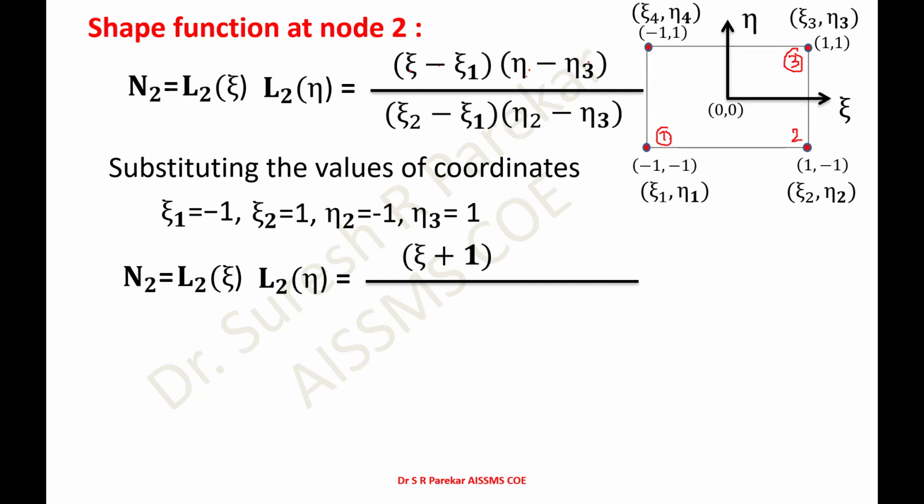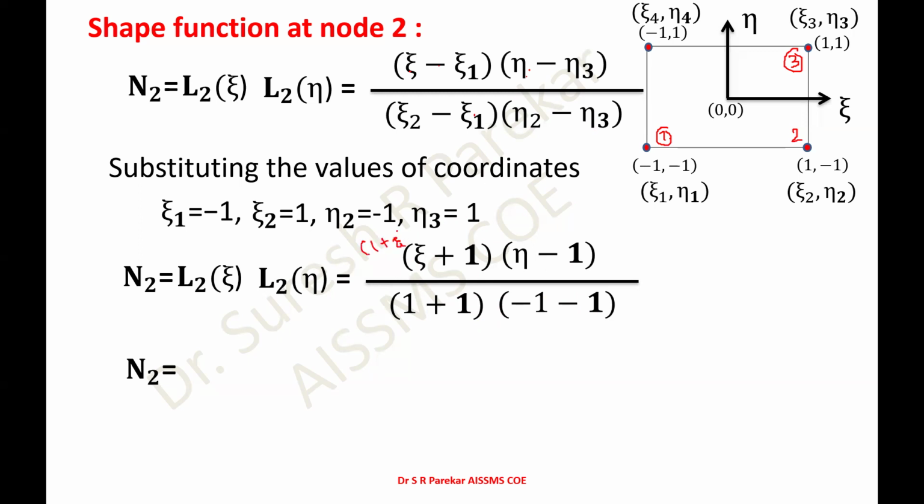Eta minus eta 3 is 1 only. Then we have zeta 2 minus zeta 1: zeta 2 is 1 minus of minus 1, so again that becomes plus 1. Eta 2 is minus 1 and eta 3 is 1, so minus 1 minus 1. So now we have this value 1 plus zeta.